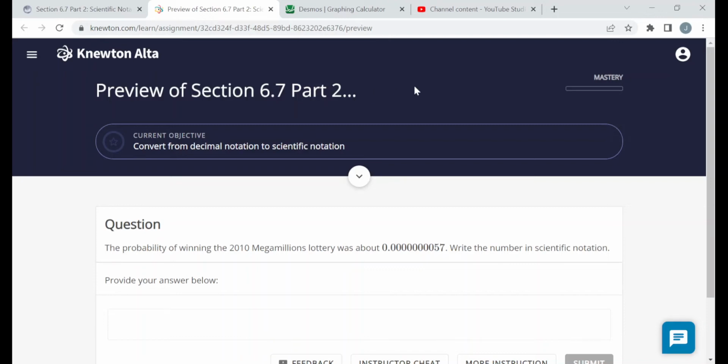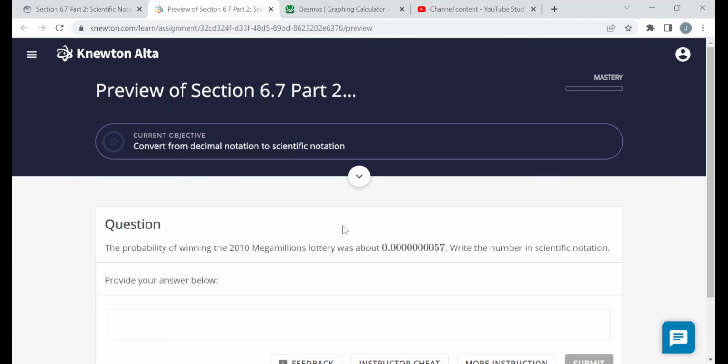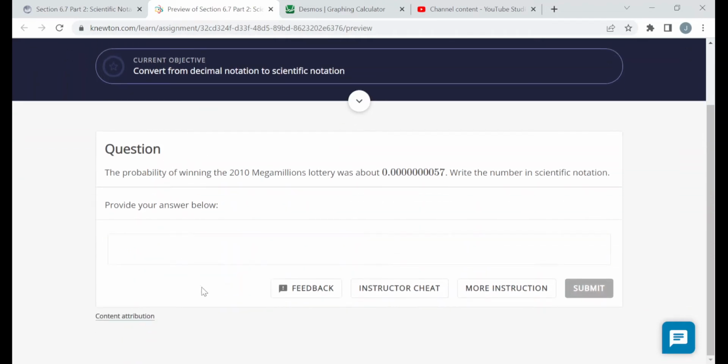On the assignment page you should be seeing the title, the mastery bar telling you how far along you've gotten, and the objectives. It looks like there are 3 objectives for this assignment. Under the current objective, there should be a question related to that objective, and at the bottom of every question should be a feedback button where you can send feedback to Knewton if you wish.